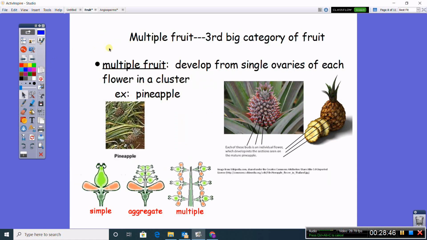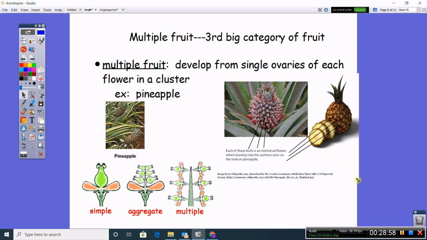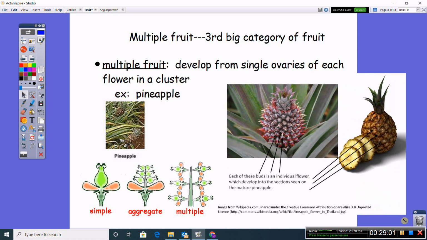All right, then we have multiple fruits. Multiple fruits develop from single ovaries of each flower in a cluster. That can be a little hard to understand. When you look at a pineapple, each little section on the outside of a pineapple is from an ovary of a different flower.